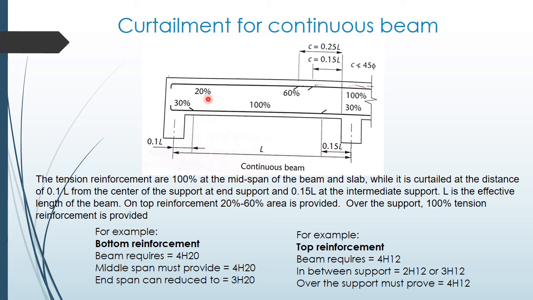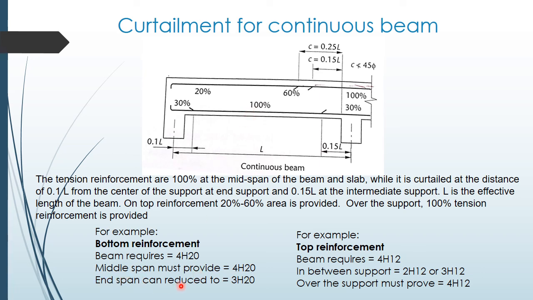On top of the reinforcement, we provide 20 to 60% area. Over the support, 100% tension reinforcement is required. I give an example. For bottom reinforcement, in between supports, the beam requires 4H20. So, at the middle span, we must provide 4H20.